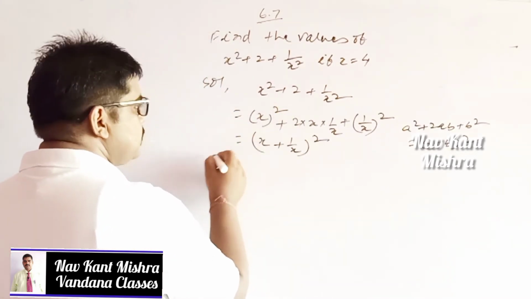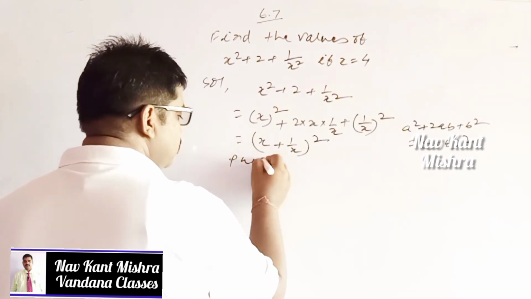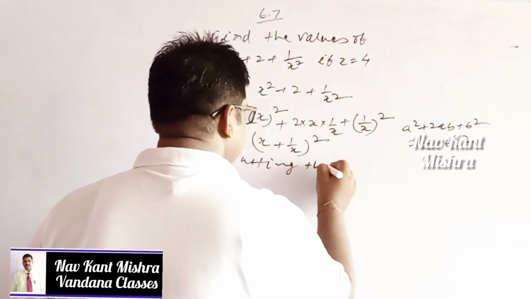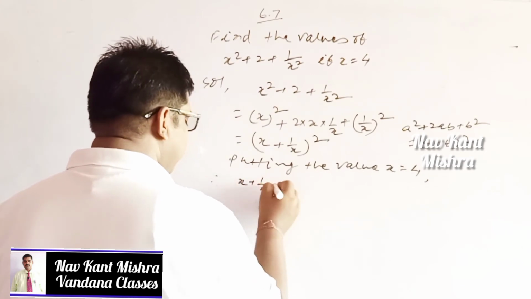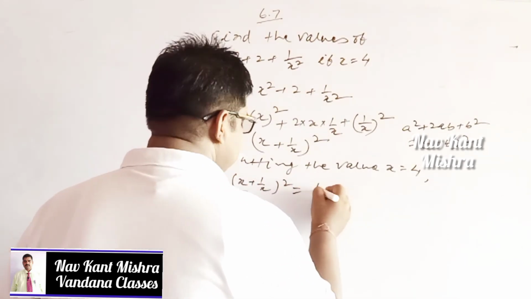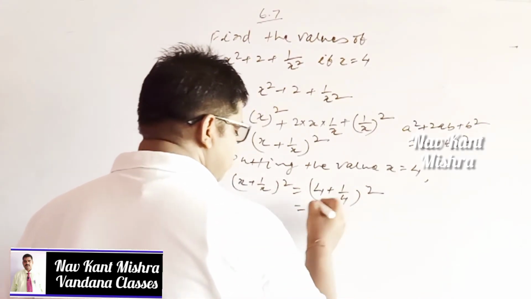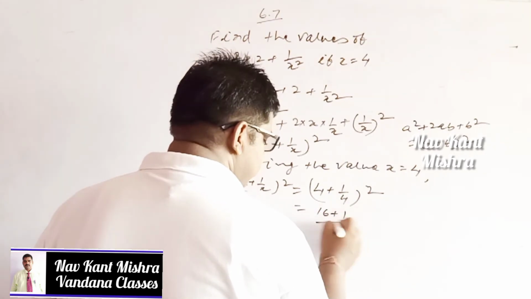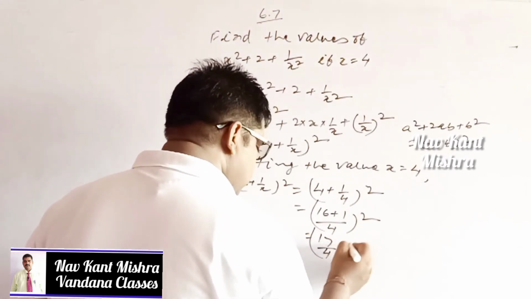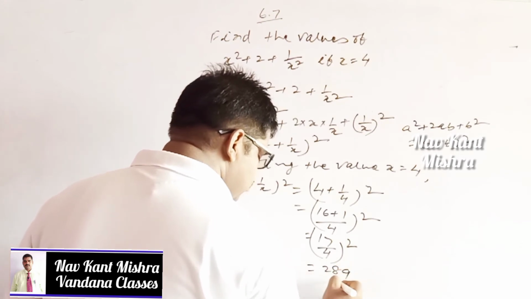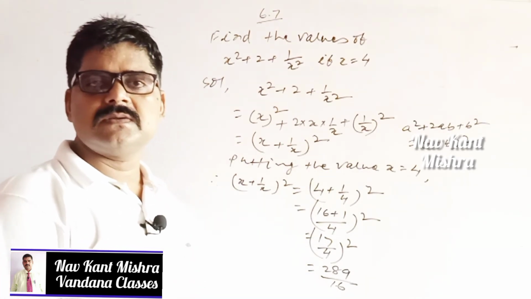Now putting the value of x is equal to 4, therefore (x plus 1 upon x) whole square can be written as (4 plus 1 upon 4) whole square, and on simplification you can write (16 plus 1 upon 4) whole square, or (17 upon 4) whole square, that is equal to 289 upon 16. That is the value of this expression.